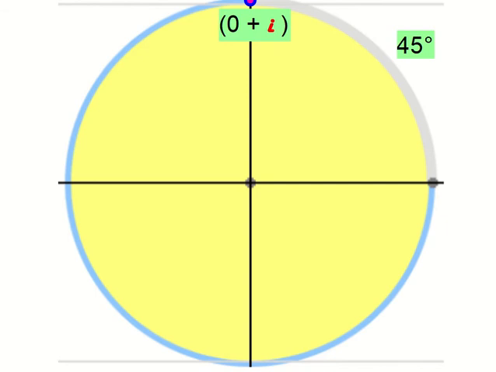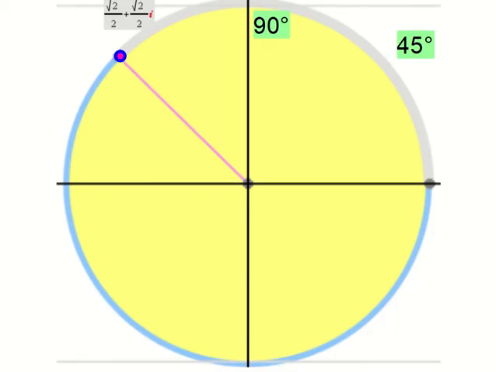Now I'm going to take this point and again multiply by the same value, radical 2 over 2 plus radical 2 over 2i. This is a rotation of 45 degrees. When I do this, I get to this point, 135 degrees, also known as negative radical 2 over 2 plus radical 2 over 2i.